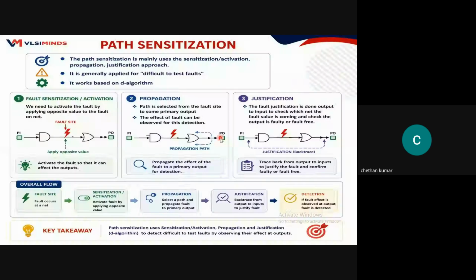From there, we can trace back to the inputs to justify whether the device is faulty or fault free. Based on that, we can take a decision. Like that, the patterns will get generated. Based on the primary output, we can decide either it is faulty or fault free.